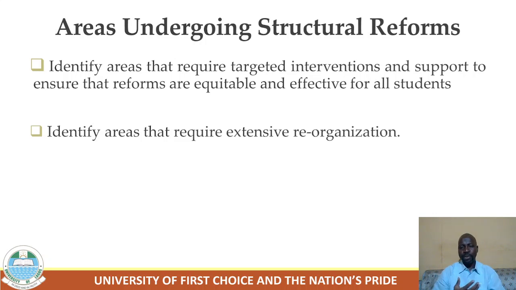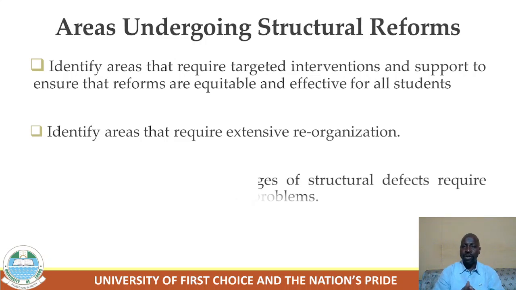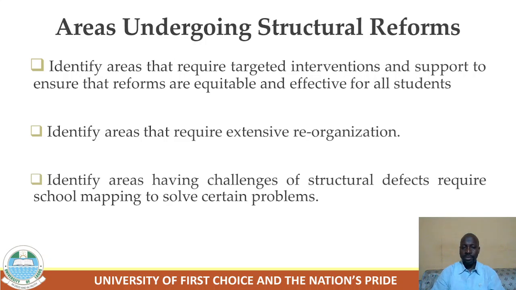The fact that we have a policy that is trying to bring about reforms within the education system does not mean that all the areas are equal. They are not equal in terms of access to educational resources. Some areas may require extensive reorganization, not just creating new schools. So depending on the existing situation, there are some areas that will require extensive reorganization.